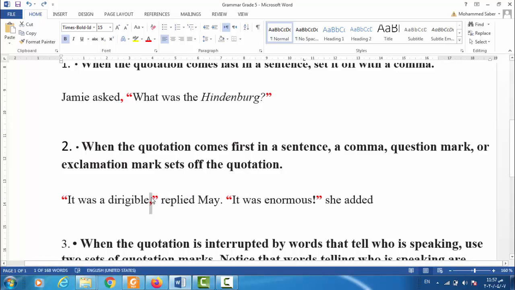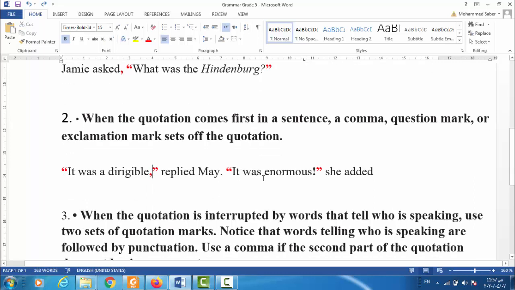And in the second sentence, "It was enormous," she added. Don't forget, they put the exclamation mark inside the quotation marks, not outside, inside the quotation marks. So if a quotation comes at the beginning of the sentence, it should be followed with a comma, a question mark, or an exclamation mark like this one.